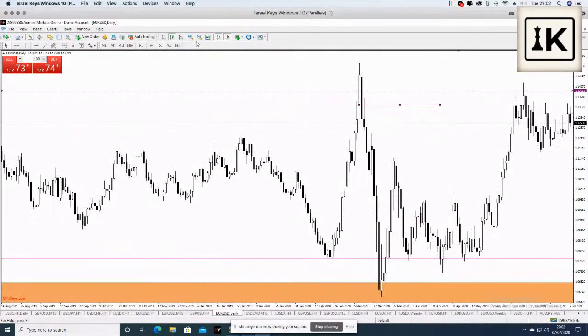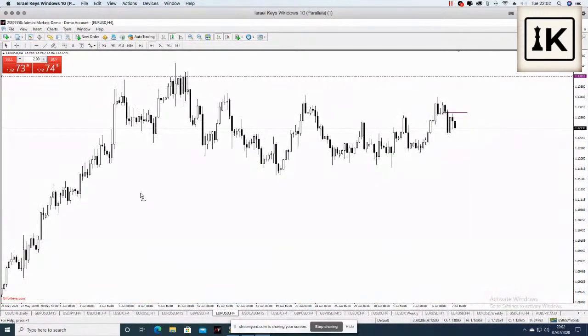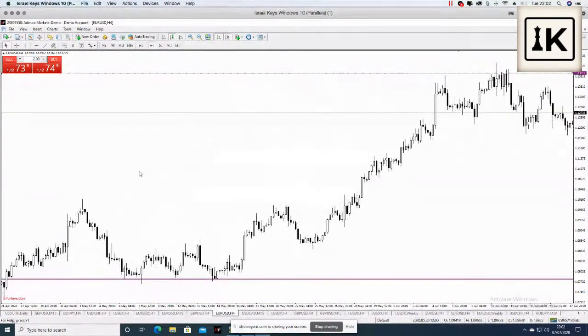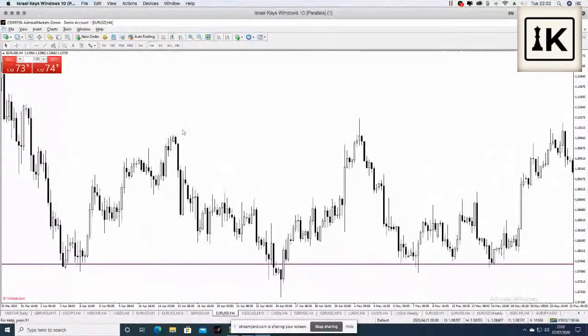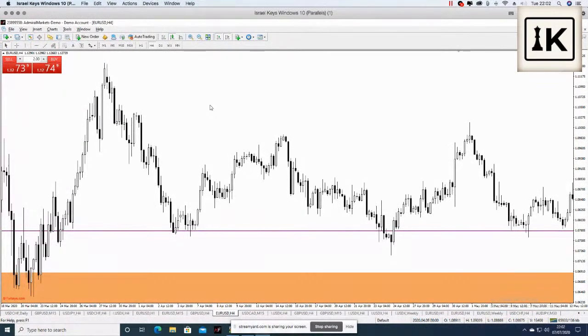However, let me see if I can find some examples. There are times where the gap is not closed for several candles. Let me see if I can find one there. Right, let me see. Okay, let's use this one here.